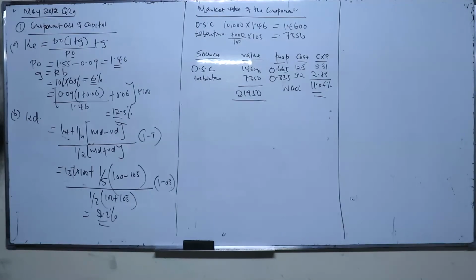November 2020, there is also a question on weighted average cost of capital. May 2019, there's a question on weighted average cost of capital. So they are there every sitting, so attempt, and then let us know.